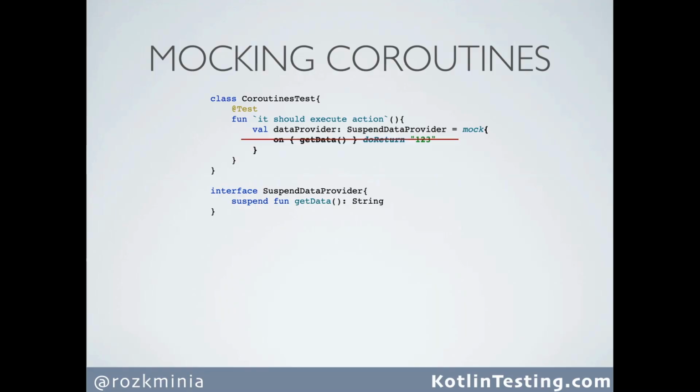This is MockK. MockK is a Kotlin-first library with a DSL-style stubbing mechanism and with built-in coroutine support.